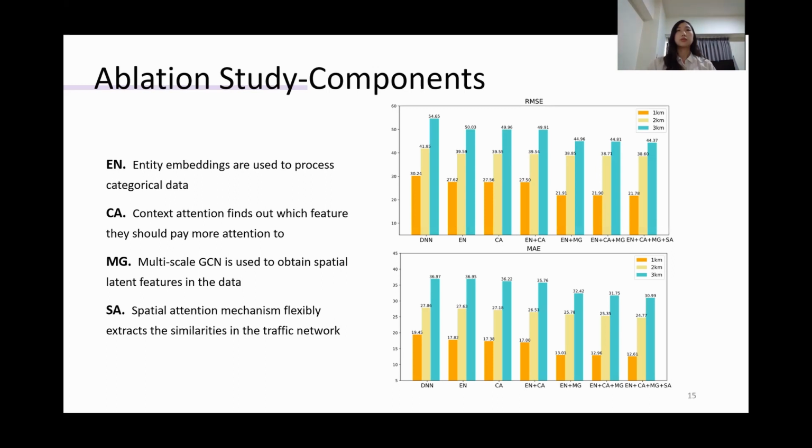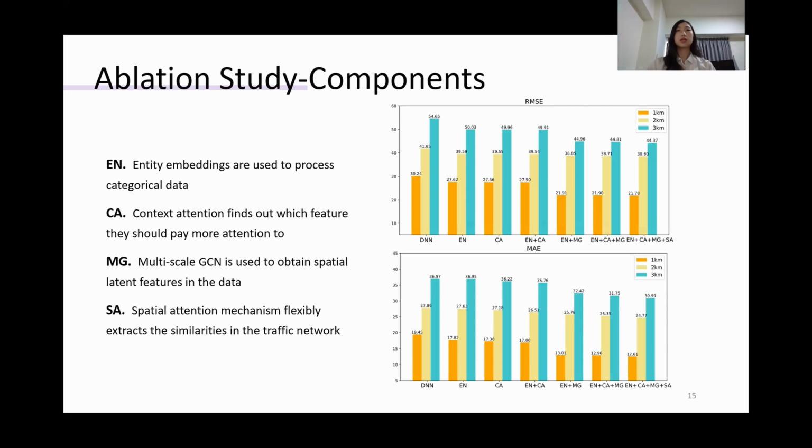First, EN represents the entity embedding, which is used to process the categorical data, and CA represents the context attention, which finds out which features they should pay more attention to. And MG represents the multi-scale GCN, which is used to obtain the spatial latent features in the data. And SA represents the spatial attention mechanism.